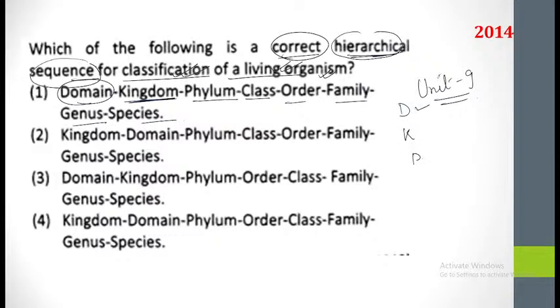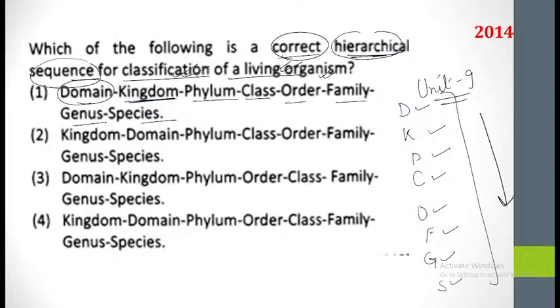Okay, so domain, then kingdom, then phylum, then you have class, order, family, genus and species. Okay, so remember this particular hierarchical orientation. Many times this particular thing has been repeated in the examination, so make sure that you keep a note of this. Okay, so this is the correct answer for this question.